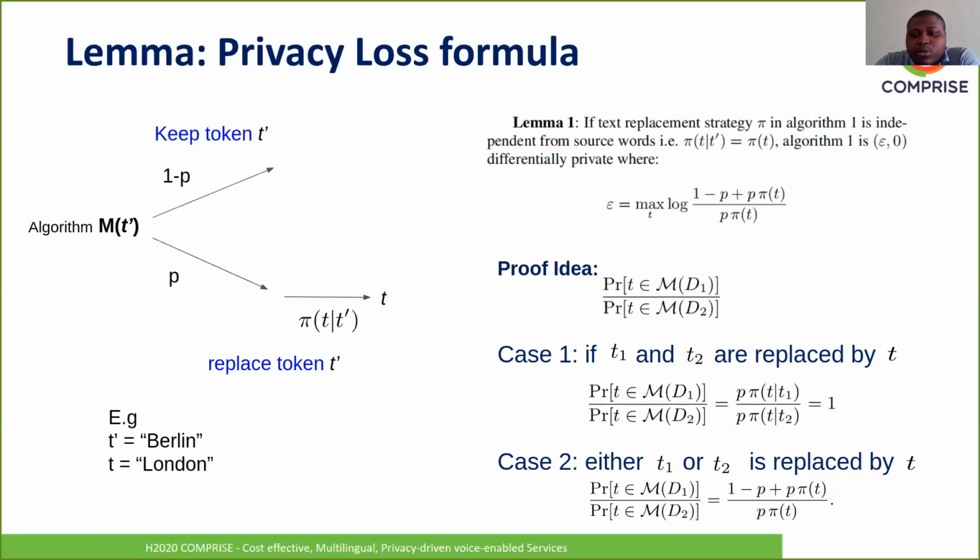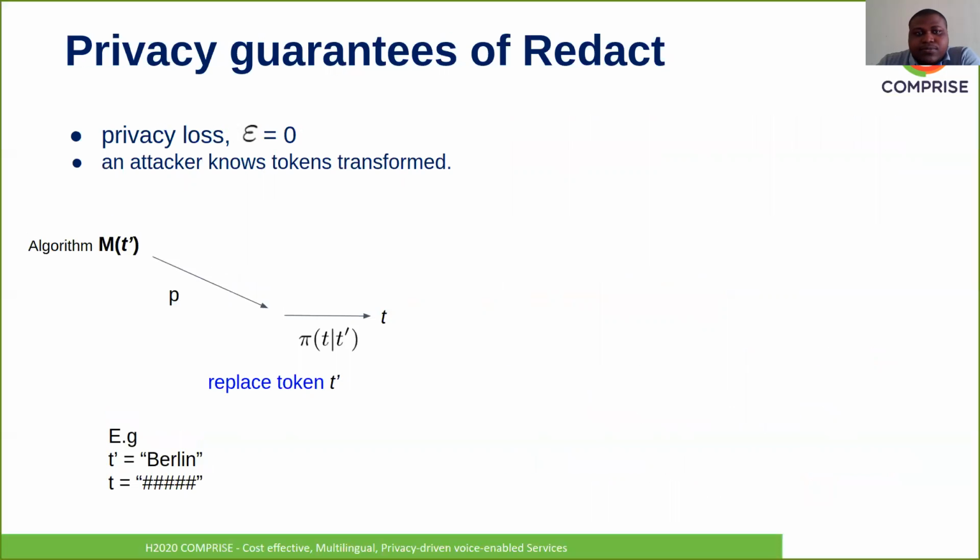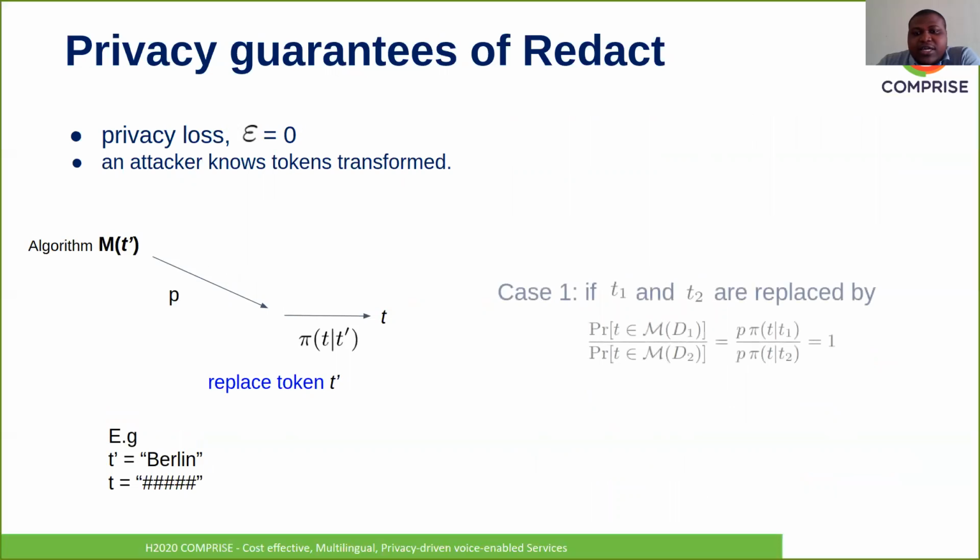Either we keep the token with probability 1 minus P, or we replace it with probability P multiplied by the distribution of our replacement token. For this task, the distribution we use to replace tokens is based on the relative frequency of the token in the corpus.